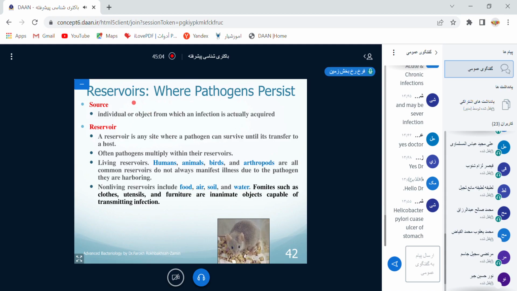Another definition we want to go through is the definition of reservoir. Reservoir: where pathogens persist. Where are the pathogens in the world? When we are talking about pathogens, we are talking about human pathogens, because we are talking about medical microbiology.